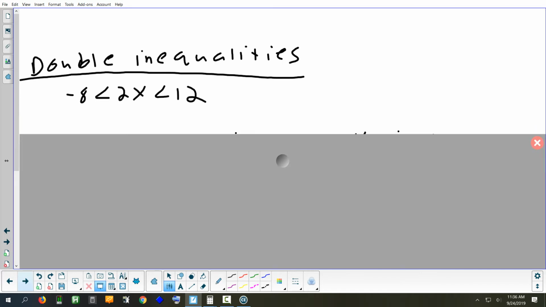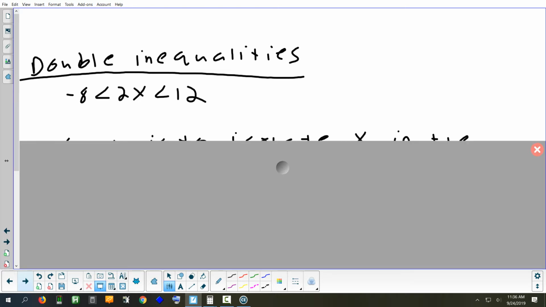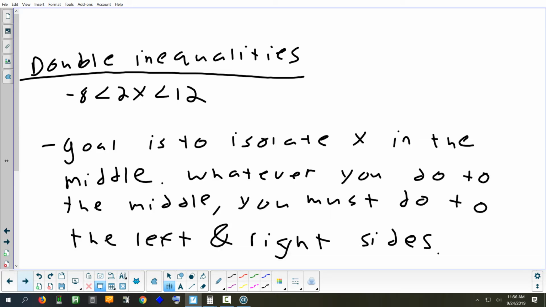Okay, so this is kind of like a compound inequality, but the x isn't by itself in the middle. To solve it, basically it's like solving an equation, but whatever you do to the middle, you have to do it in 3 spots. Middle, left, right. So you think of an equation, you got to do it on the left, you do it on the right. Think of this as having 3 spots.